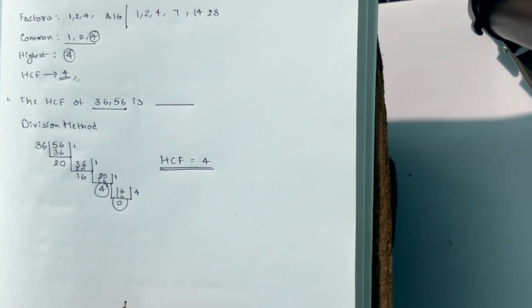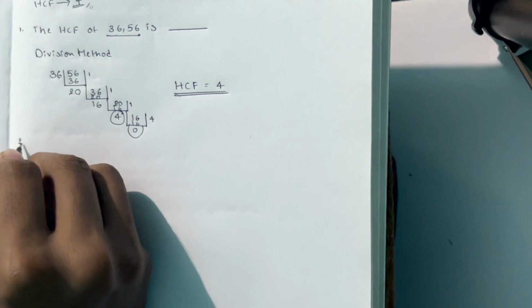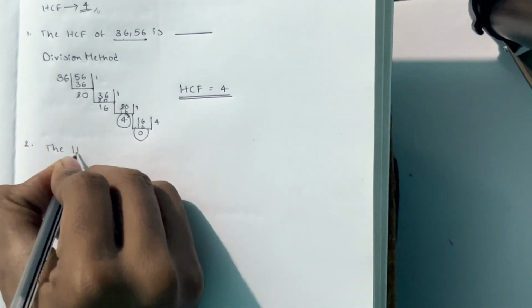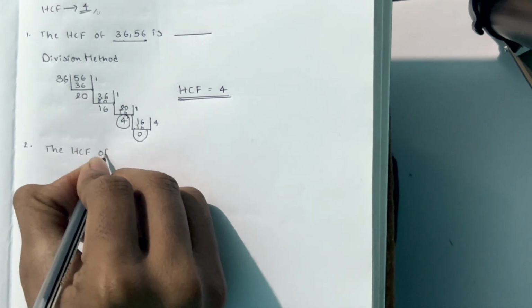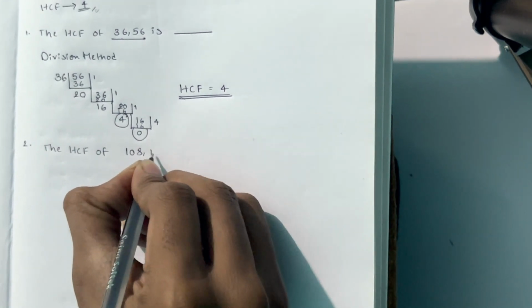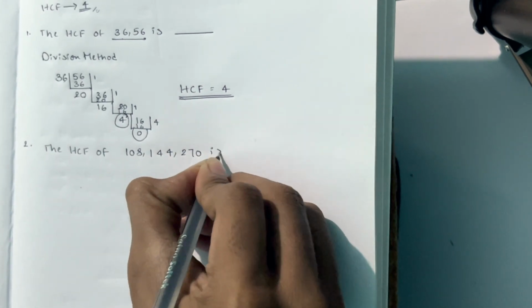In the same way, we are going to do another example, the second one. The HCF of 108, 144, 270 is dash.